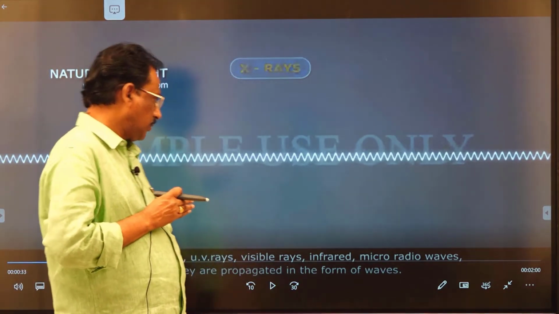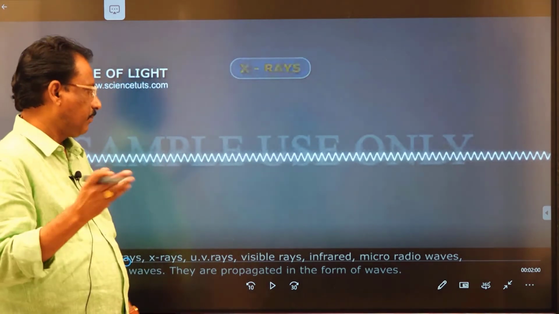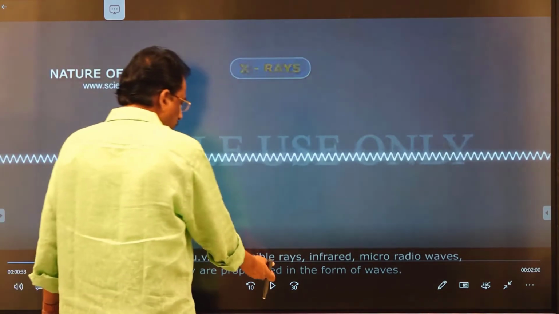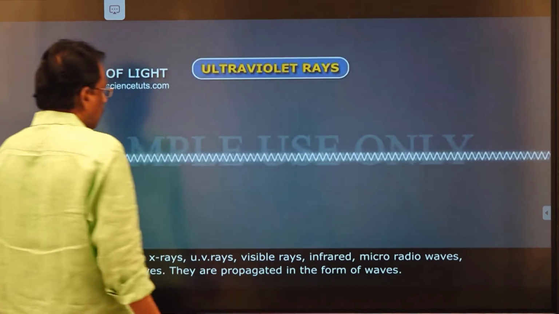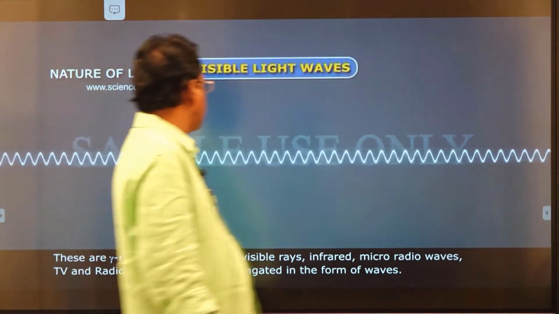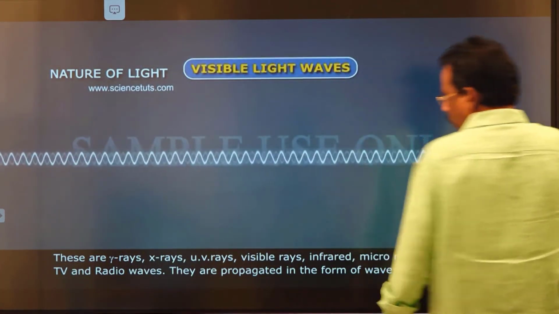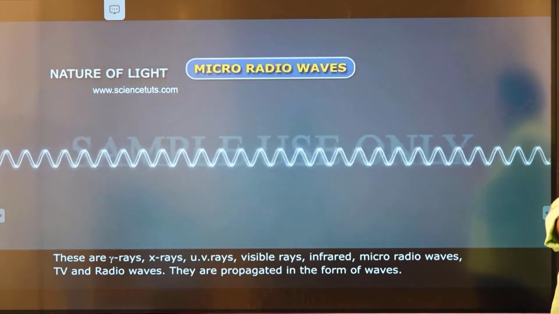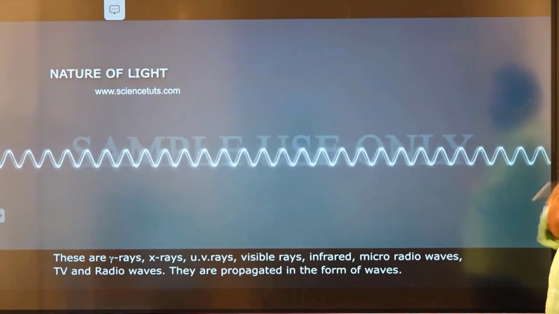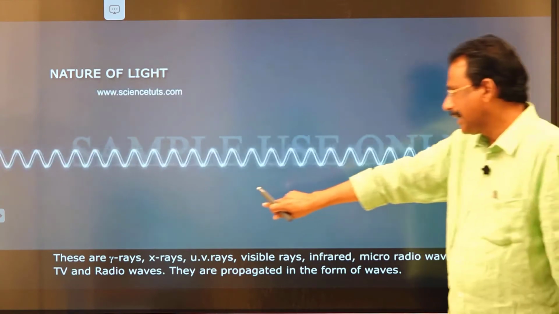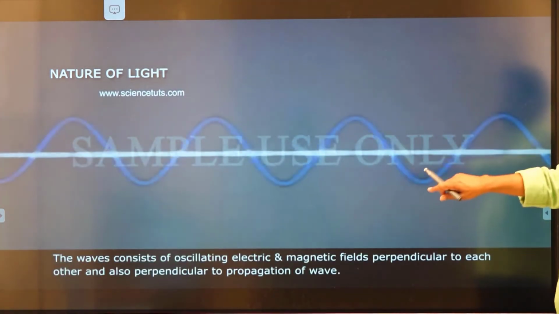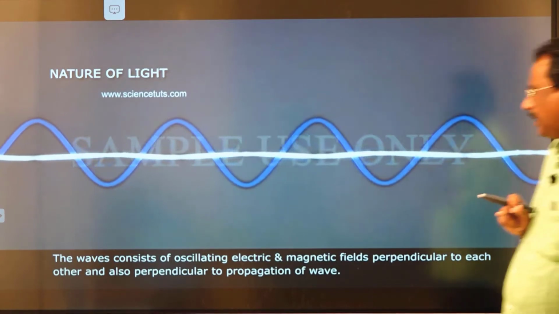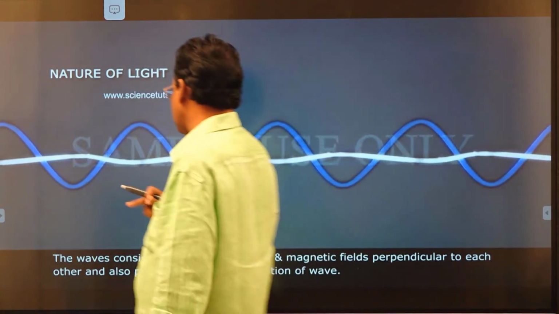Radio waves are used in FM radio stations. So these are the various types of electromagnetic radiations. You should remember the various types of electromagnetic radiations and their energy order also. This is the decreasing order of the energies of the various types of electromagnetic radiations.